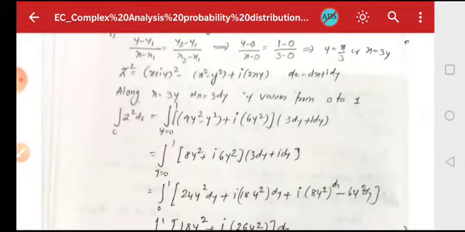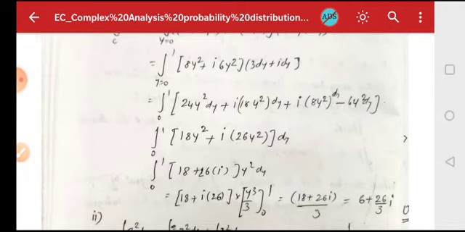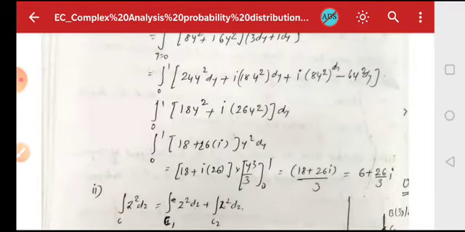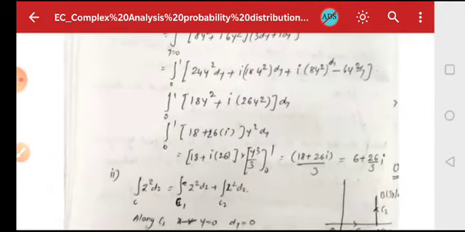This is the integral from 0 to 1 of 8y square plus I into 6y square, into 3 plus I dy. If you simplify this, it comes as 18y square plus I into 26y square into dy, which is 18 plus 26I into y square dy. If we integrate y square, it will be y cube by 3 from 0 to 1. So the answer is 18 plus 26I by 3, or 6 plus 26 by 3 into I.